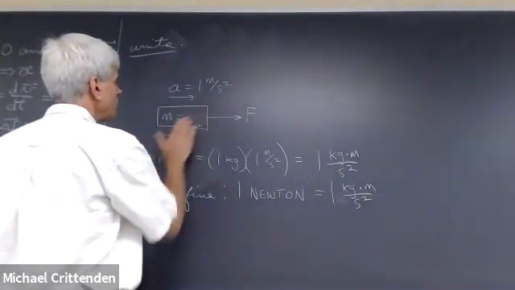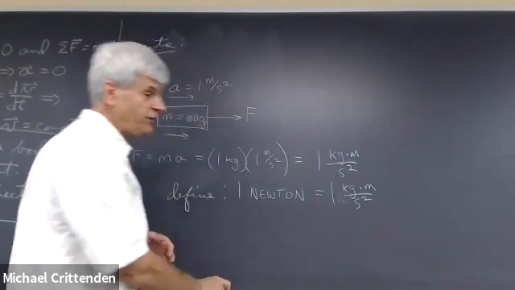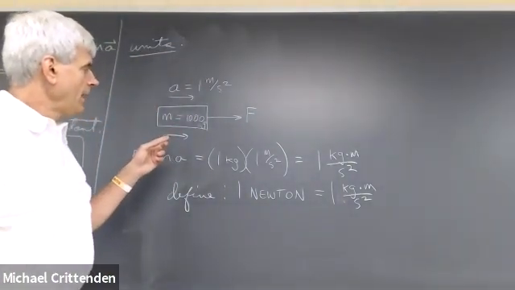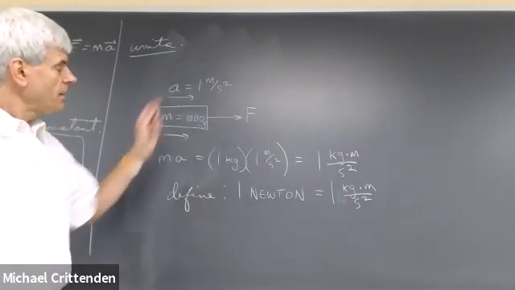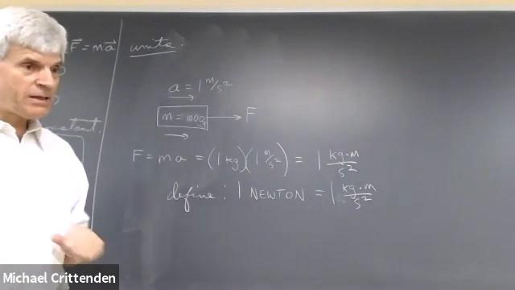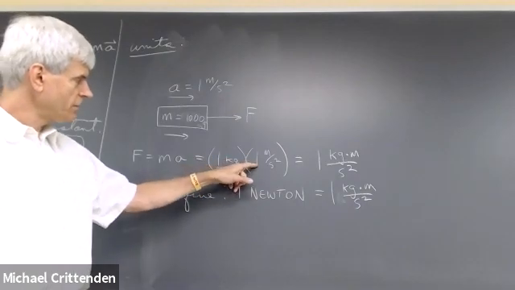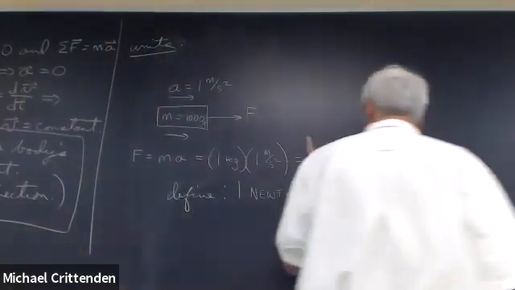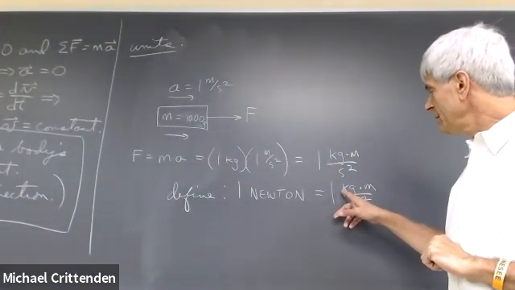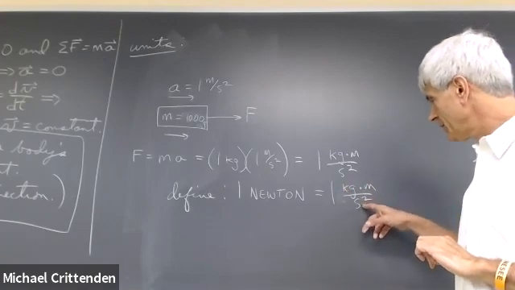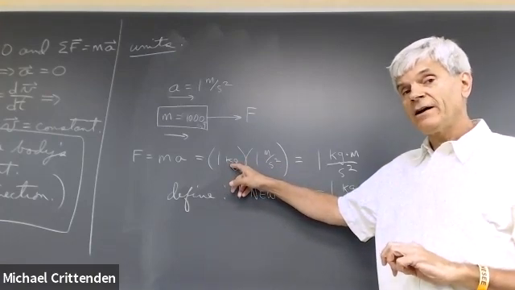Let's say I had put 1,000 grams, which is of course exactly the same thing. And I said to the class, I want you to calculate this force. There would be a significant number of people who said, okay, the mass is 1,000 grams, the acceleration is 1, so 1,000 times 1, the answer is 1,000 newtons. No, it's not. A newton is a kilogram meter per second squared. If the mass is in grams, you're going to be off by a factor of 1,000.